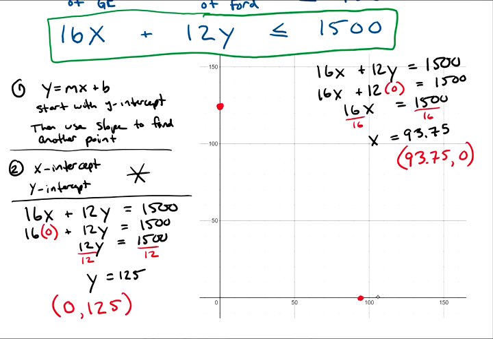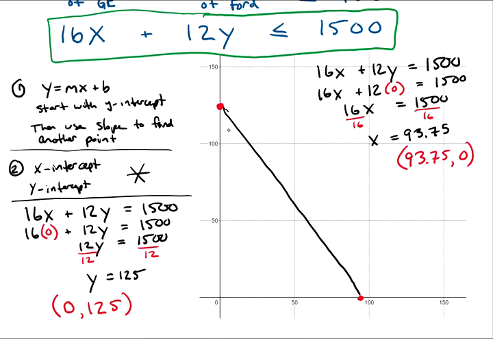We could have done this using slope as well. I just wanted to show both methods on this worksheet. Once we have those 2 points, we have our line. Again, we're only looking at the first quadrant where x is positive and y is positive, because we can't buy a negative number of shares. Since we're graphing the inequality and not just the line, here we have less than or equal to.